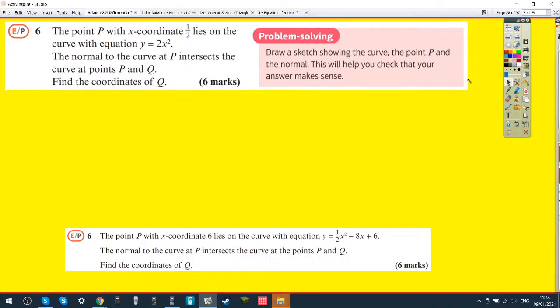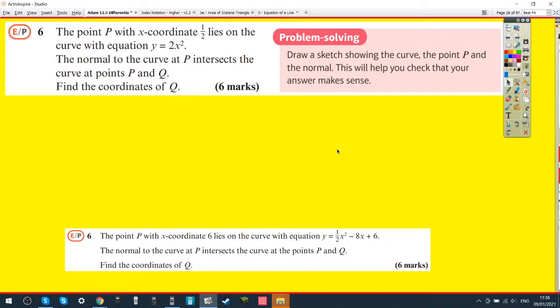So, the normal to the curve at P intersects the curve. Let me think about this. All right, let's try the top one.